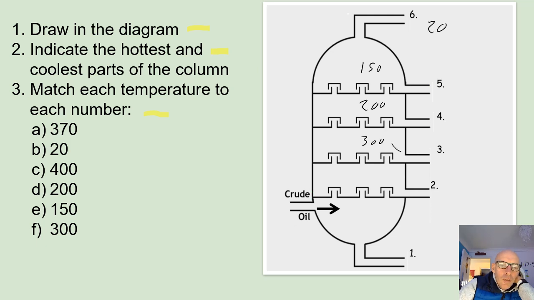And down the bottom here, let's go with 400, and in here 370. So as you can see, it goes from 20 to 150 to 200, and you've labelled on here that at the top is the coolest and the bottom is the hottest. Okay, so when you've checked that you're correct on that, make sure it's correct.